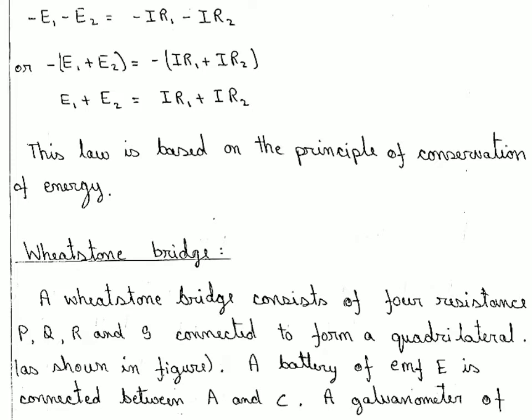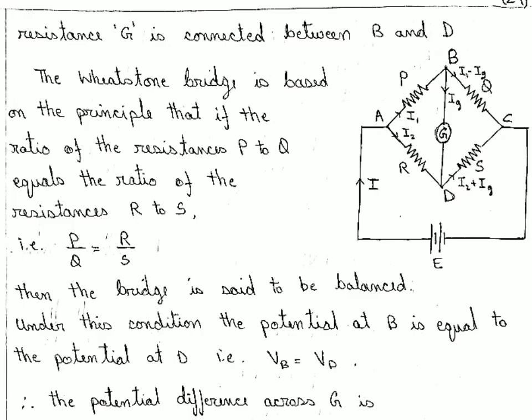So this Wheatstone Bridge consists of four resistors P, Q, R, and S connected to form a quadrilateral, as shown in the figure, and we have a battery of EMF E connected between the points A and C, and a galvanometer of resistance G is connected between B and D.